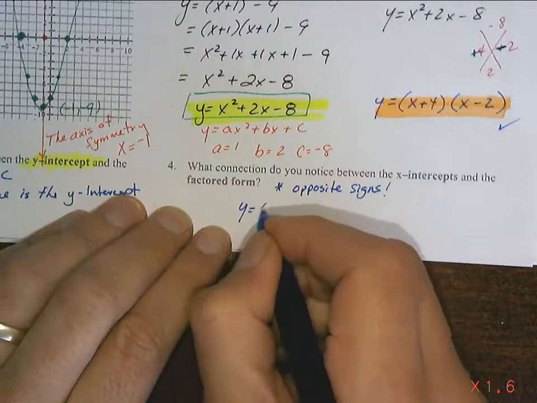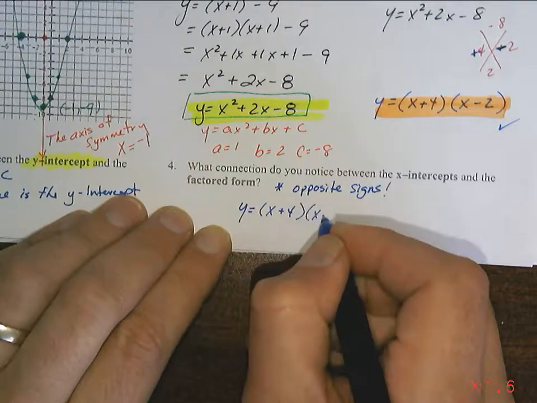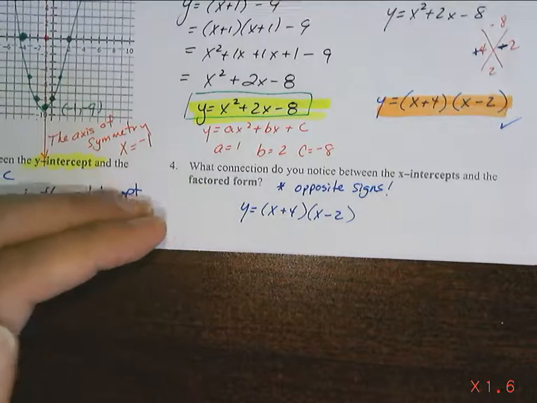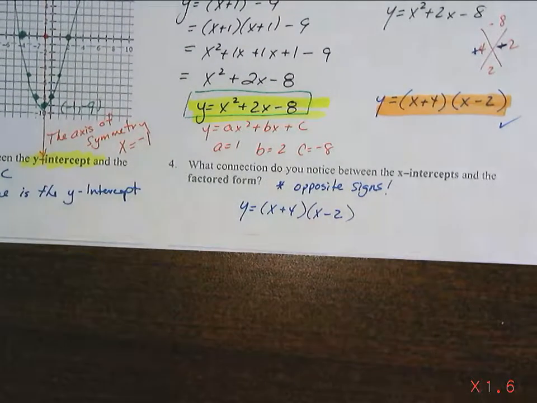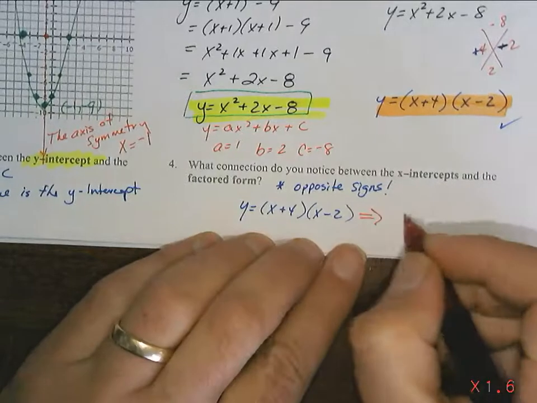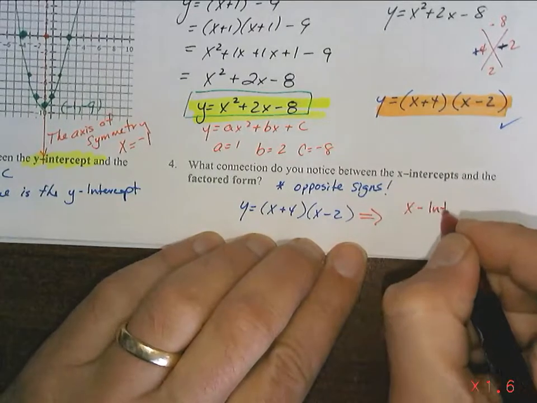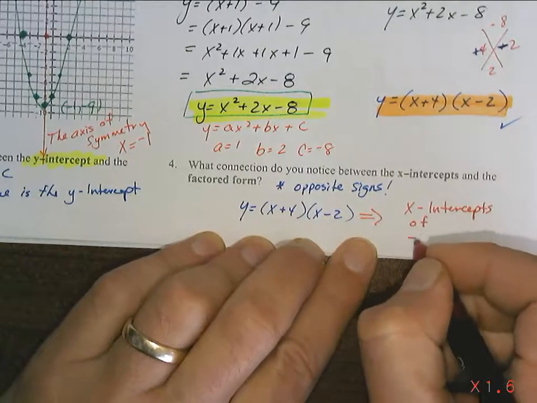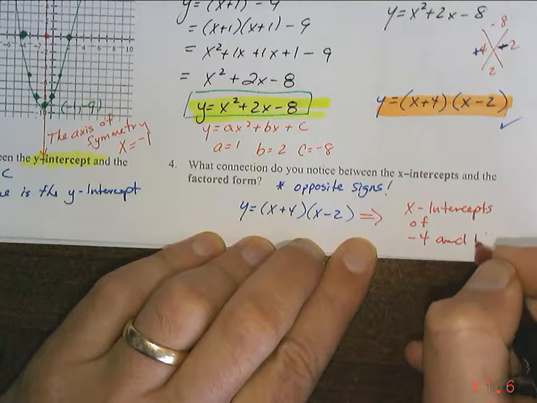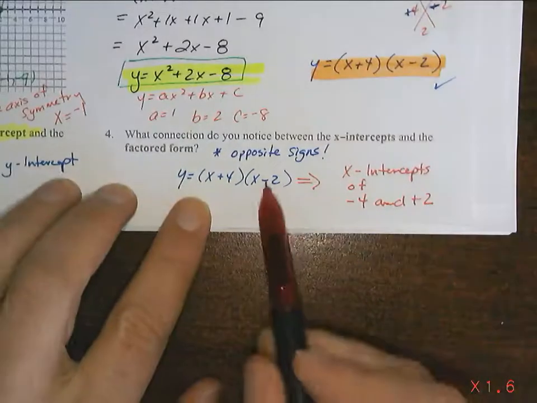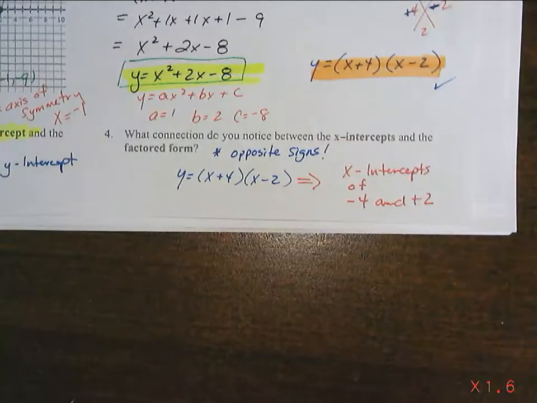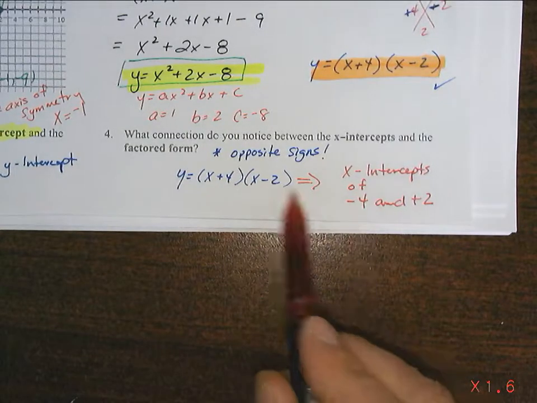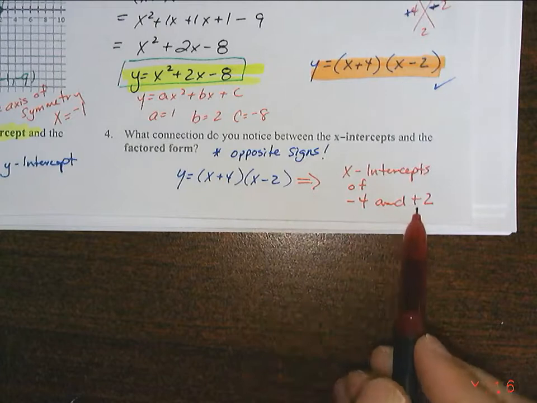We have the factored form (x plus 4)(x minus 2), and that goes to x-intercepts of -4 and +2. So if we write it like that, do we see what I'm saying about the opposite signs? We've got the +4, it's a -4 for the intercept. We got a -2, it's a +2 for the intercept.